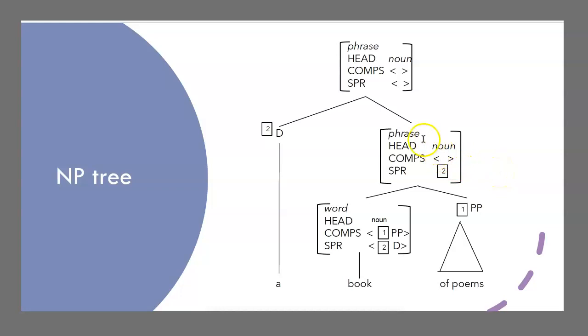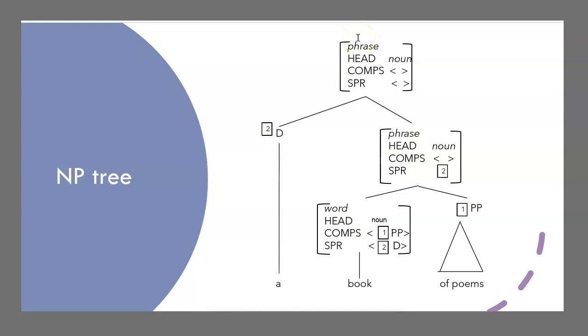Then once the specifier combines, by the head specifier rule, the specifier value becomes empty. By the valence principle, the comps value is preserved. By the head feature principle, the head value of the head daughter is the same as the head value of the mother node. So now this phrase is a saturated phrase and a complete phrase.